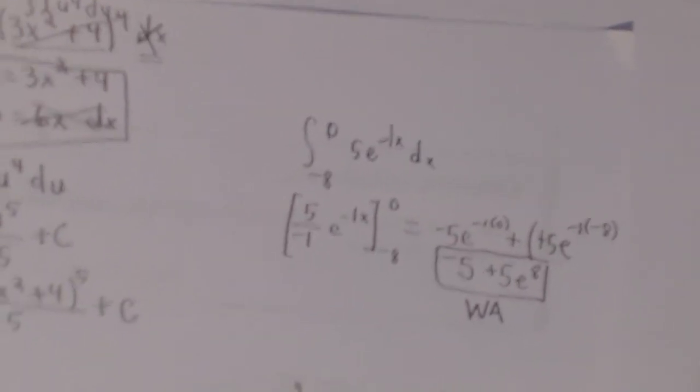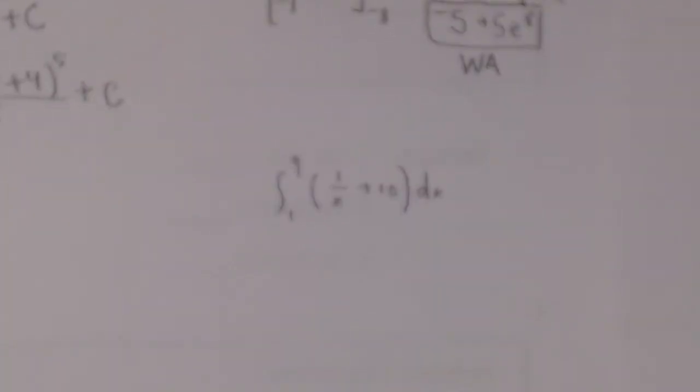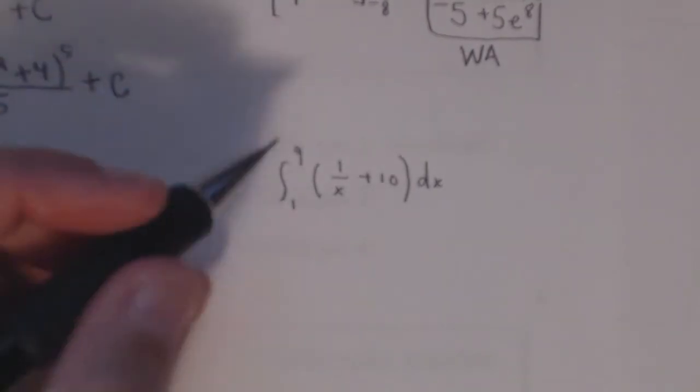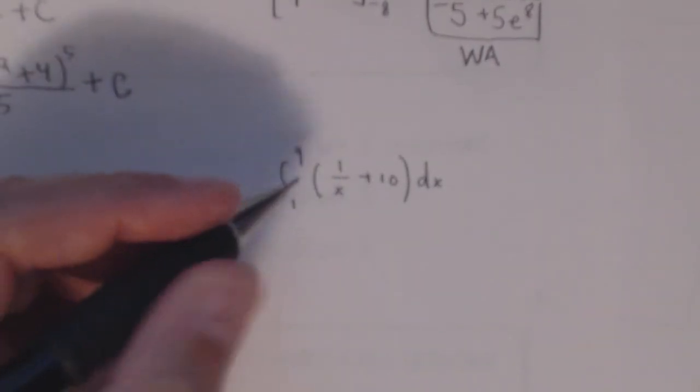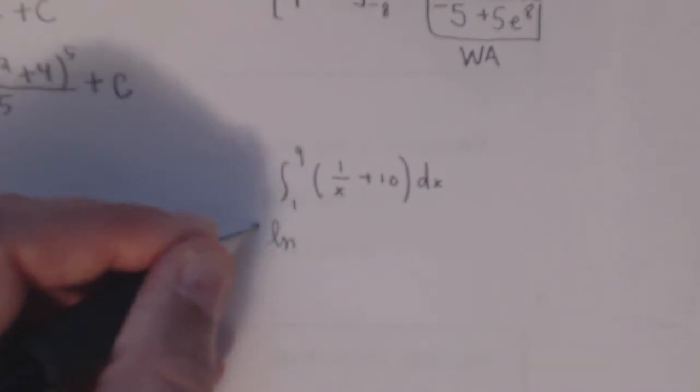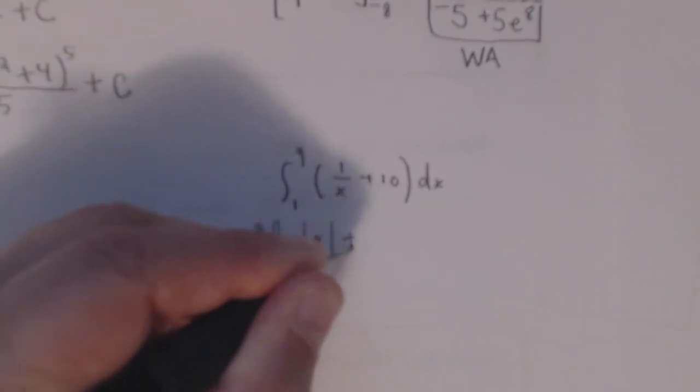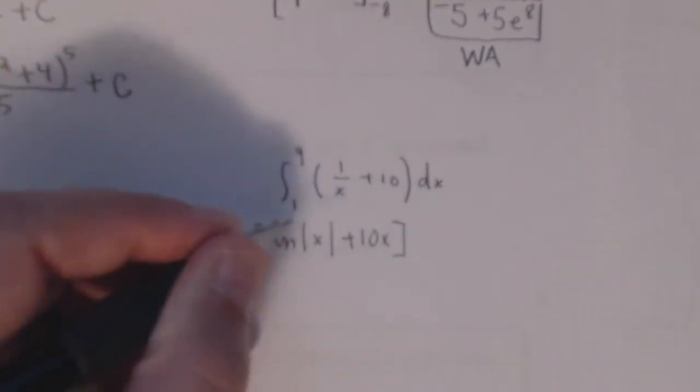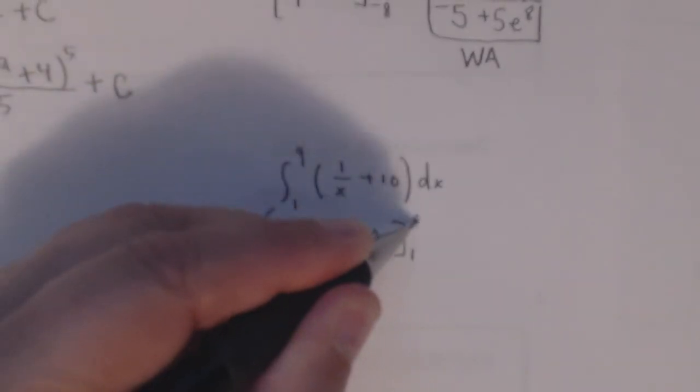So the second one, the integral from 1 to 9 of 1 over x plus 10 is the natural log of absolute value of x plus 10x, and then we're going to evaluate it from 1 to 9.